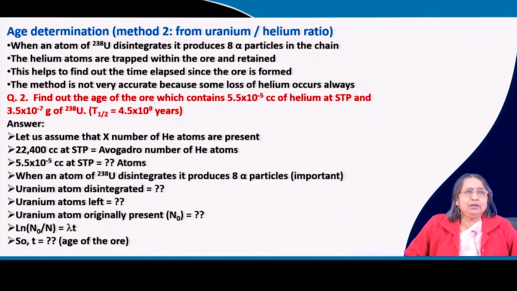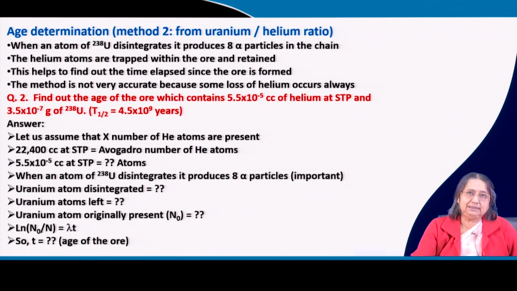Then how can you know that it is helium? You can easily find out from atomic spectra. If you see the atomic spectra, you will get the characteristic spectra of the helium atom. That way you can understand that this is helium.